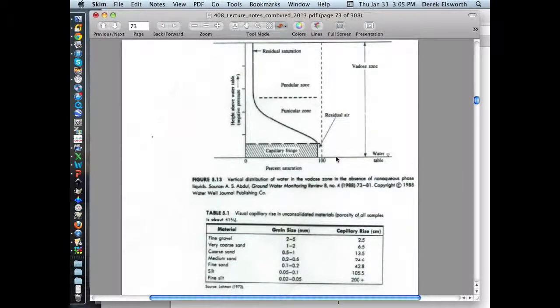By definition, the water table is where the water pressure is atmospheric, and it's not only saturated, but we know that because of this diagram, we're certainly 100% saturated here, and also here, and also here. So this would be the water table, where the pressure is 0 for atmospheric pressure.